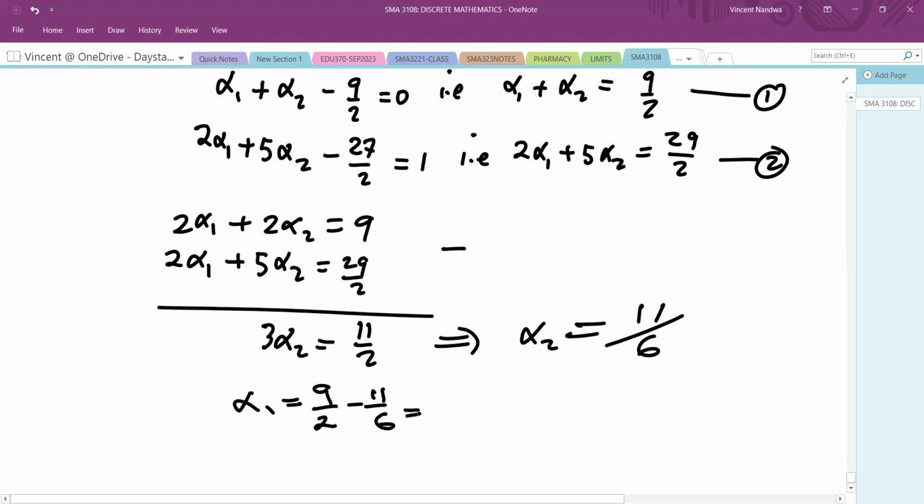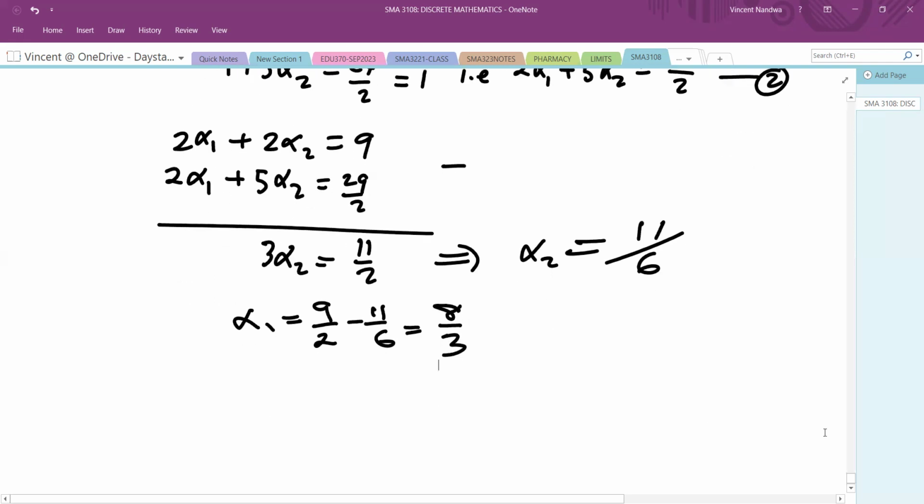So that will give me 9 over 2 minus 11 over 6, which will give me 8 over 3.